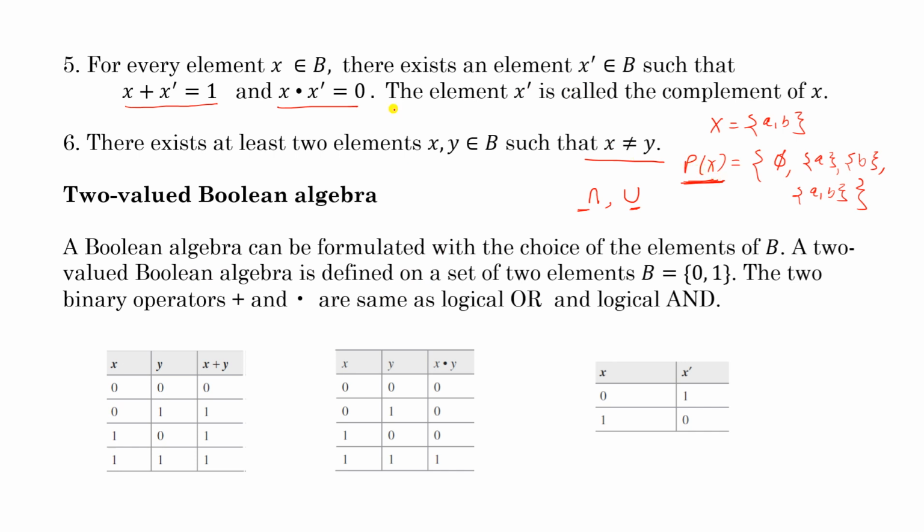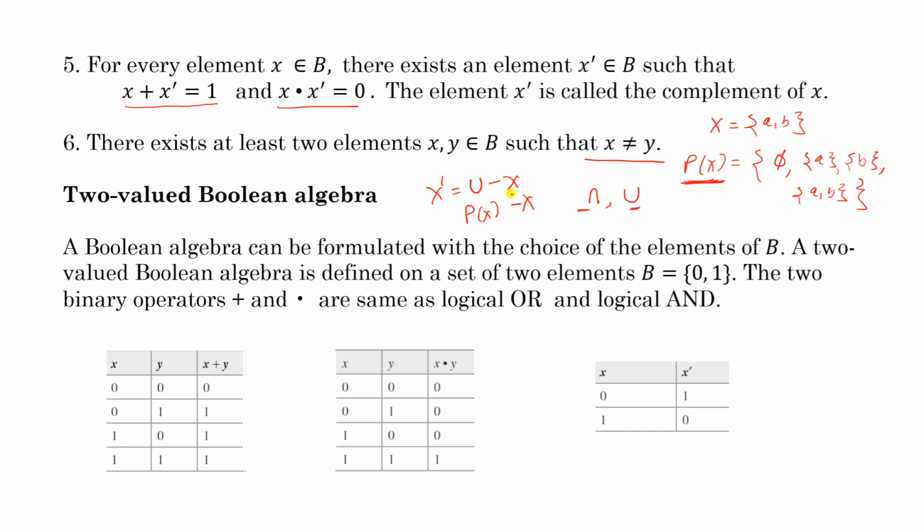And look at the complement. You can easily find the complement of a set. If you write x dash, this is the universal set minus x. Here the universal set is P(X). So in case of this set, you can write P(X) minus x.